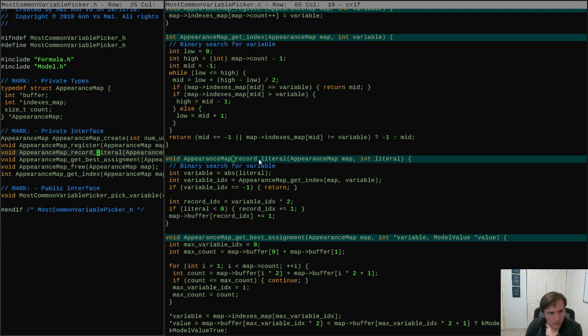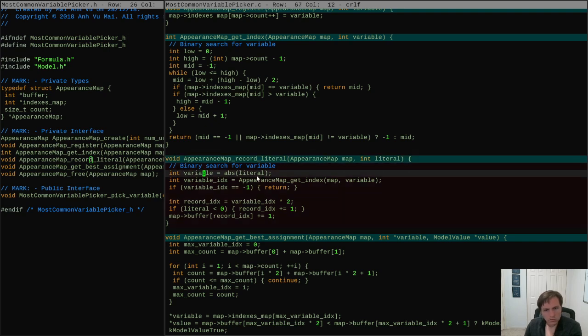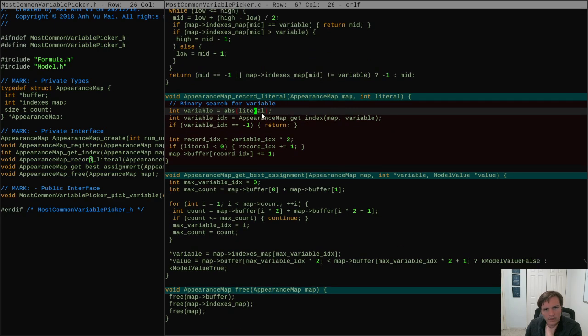Okay, and these are not in order. That's get index. Record literal. What does that do? We're going to take the literal, it could be positive or negative on this API, and make a variable out of it.